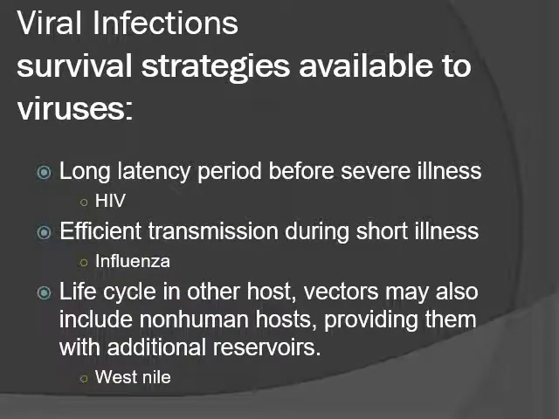Viruses employ several strategies to evade host defense mechanisms. For example, a long latency period before severe illness is used by HIV. When a virus increases its latency period or enters a dormant phase, it uses this strategy to stay away from the immune system. Others, like influenza, rely on efficient transmission during a short illness.